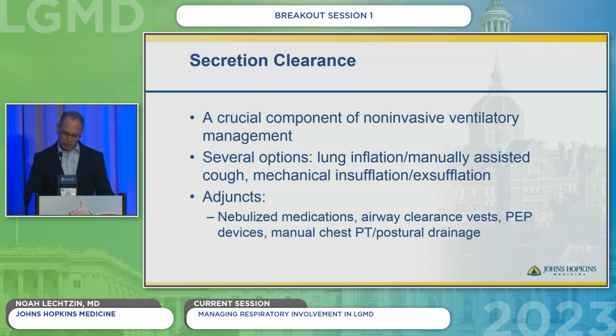There's also a device called a mechanical insufflation exsufflation device, which I'll show some pictures of. And then there are additional measures we can use if need be: nebulized medications, airway clearance vests, and manual chest percussion. If other things aren't working, sometimes adding these can further help.